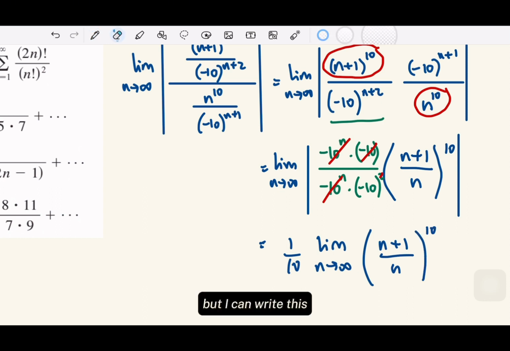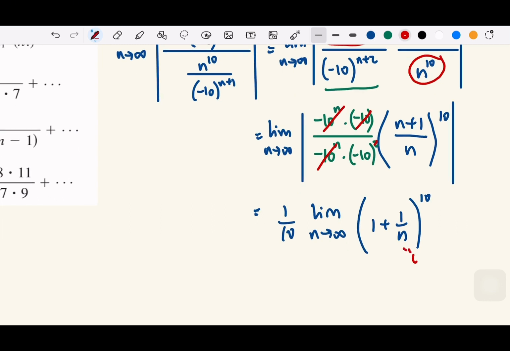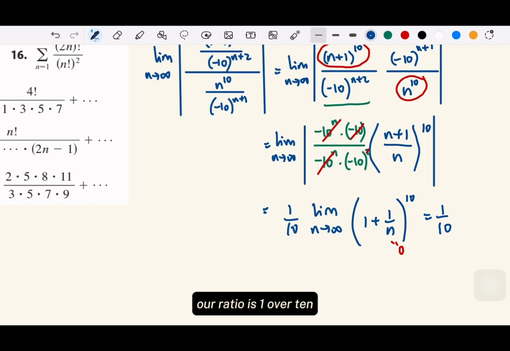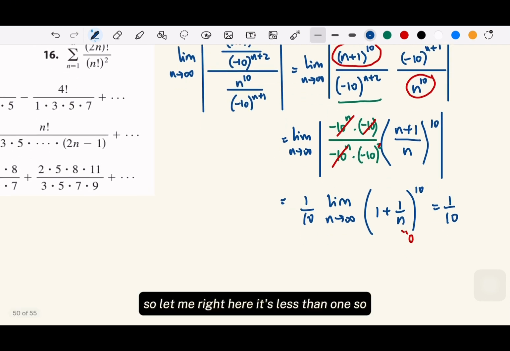But I can write this, and we can change this to become 1 plus 1 over n, which is equal to 1, right? Because 1 over n is 0. So we could say that we have 1 over 10. Our ratio is 1 over 10. It means that it's less than 1. So let me write here, it's less than 1.